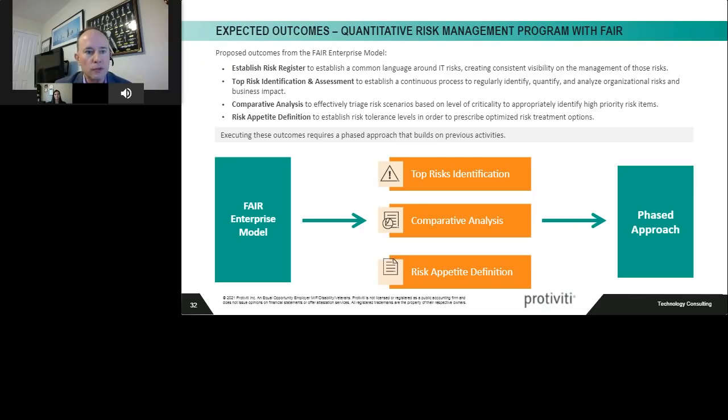When you start to do these, we start to see a number of things come out of the FAIR model. One is we've established a common risk register. And we're establishing a common language around risks, creating visibility, and we can then look at the management of these. We can look for these and assess them to quantify these risks. We can do comparisons to look at, is risk A larger than risk B? Are we treating them in the right way? And this has always been a really nebulous one.